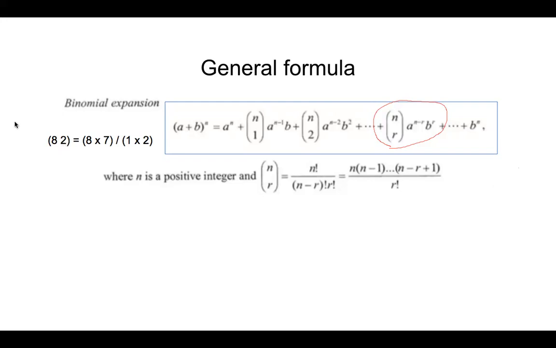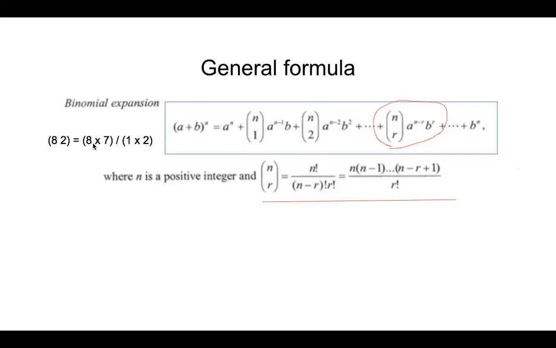So how do we process this? Many of us might get confused if we see this part and it looks so off-putting. So what I do is keep it really simple. When I see 2, I multiply the numerator from 8, which is the power, by the next number down.